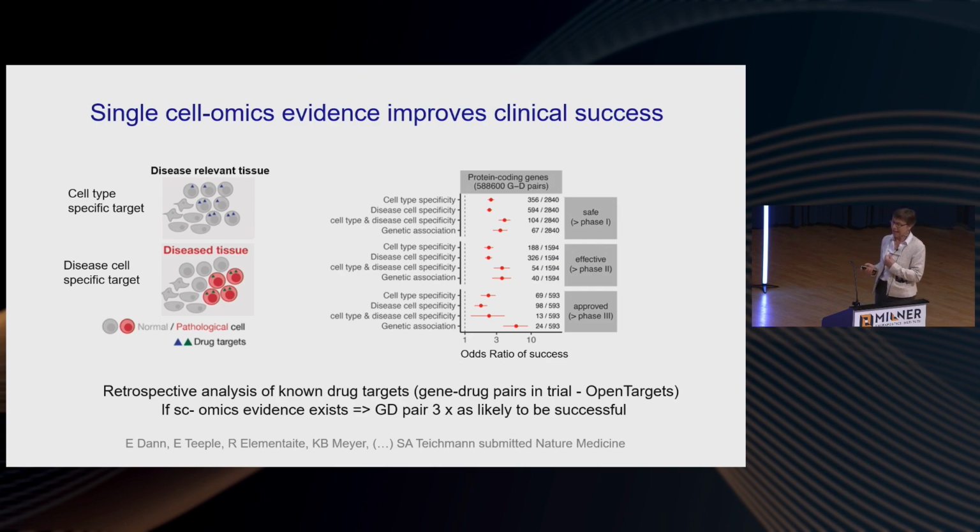And when she then took gene-drug pairs in trial from the Open Targets database and asked if any of this data is available, is your likelihood of success improved? And the answer is yes. It was about threefold improved for phase 1, phase 2, and phase 3 clinical trials.